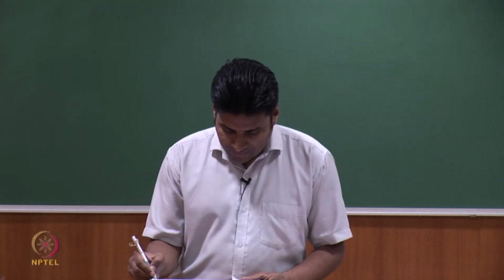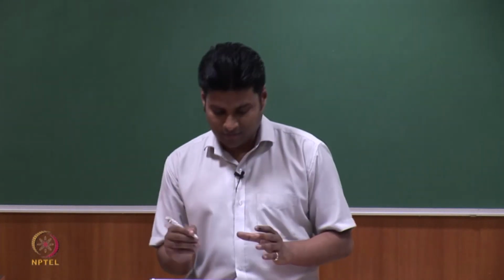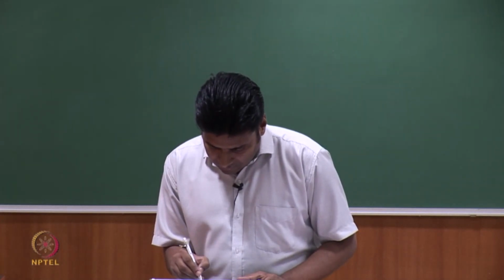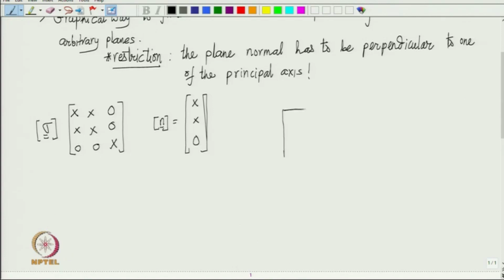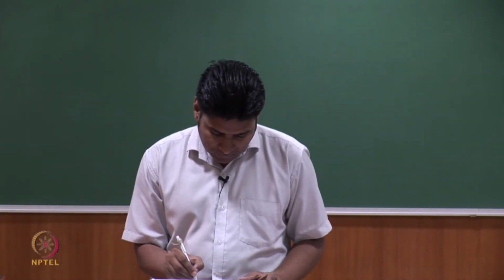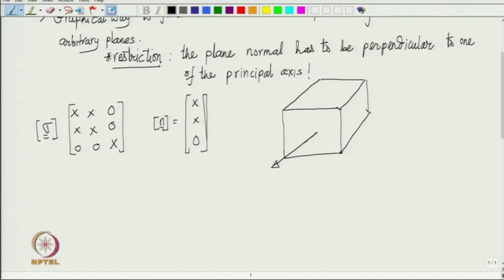So, let me draw the cuboid here. For such a coordinate system, the cuboid, so that is the cuboid, and suppose that this third one is the principal axis. So, that is the principal axis, and these two are not the principal axis.